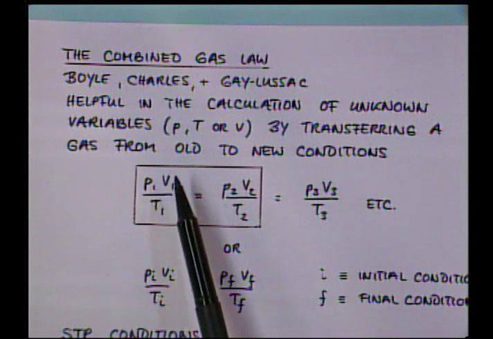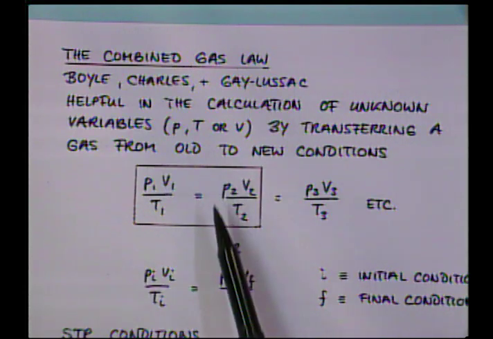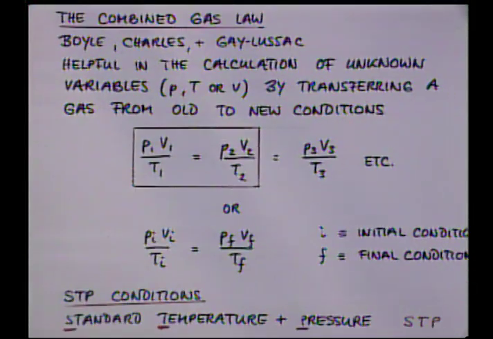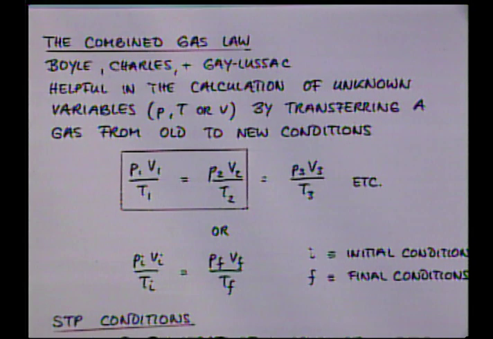So we move the gas from one set of conditions to another set of conditions, and to another set of conditions. Regardless of what I change, the other variables will always adjust themselves according to the given laws, so that you always have a constant.